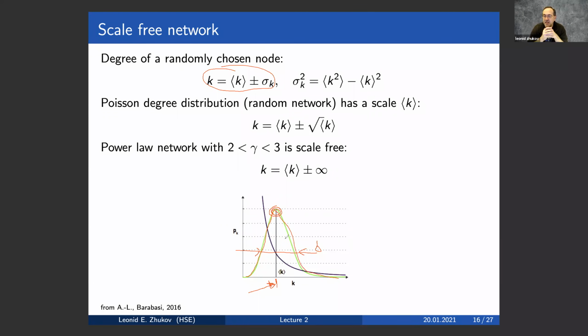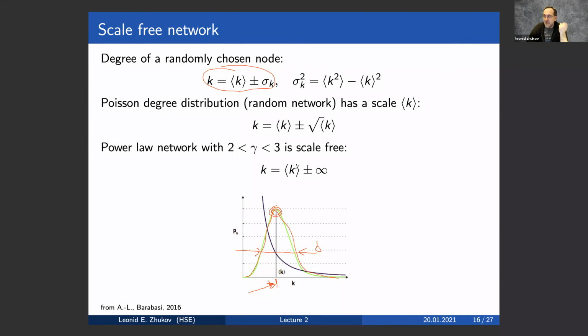If we talk about the height of somebody in the class, the characteristic height will be, I don't know, 1 meter 70 centimeters, and everything else will be around it. So there will be a scale. This 170 will be a scale, and then you can compare everything to it. And that's what happens with Poisson. Now, with a power law graph, that's not the case.